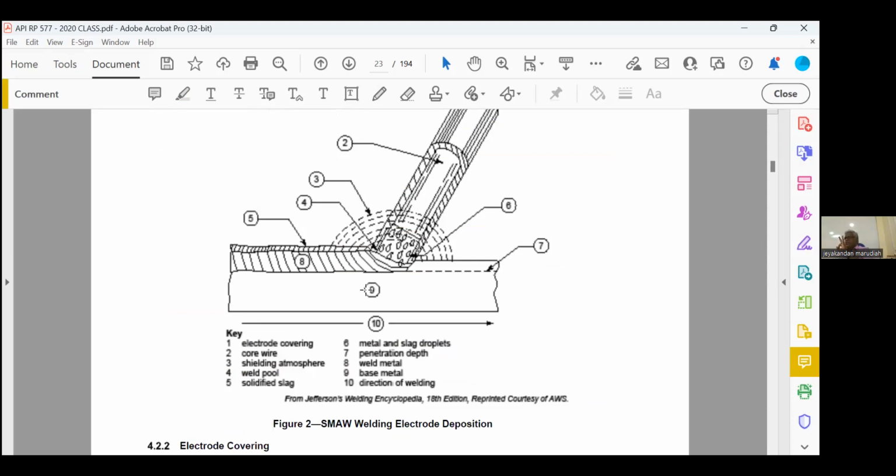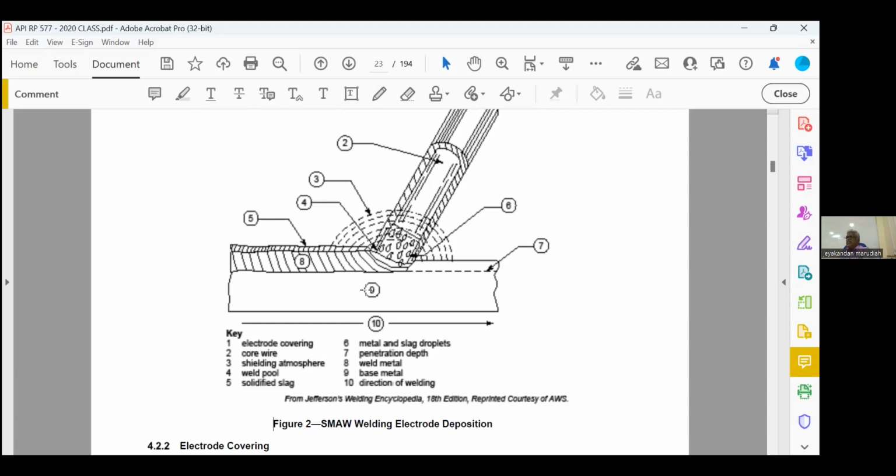Three processes use flux: SMAW, FCAW, SAW. SMAW is flux coated, FCAW is flux cored. Cored means flux will be inside a tube, whereas SAW is flux covered. So there is a difference. What is the function of flux? To initiate the arc, maintain the arc, to add alloying elements, all these things.